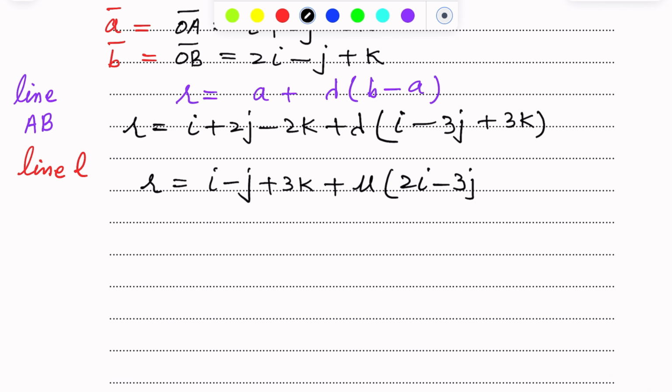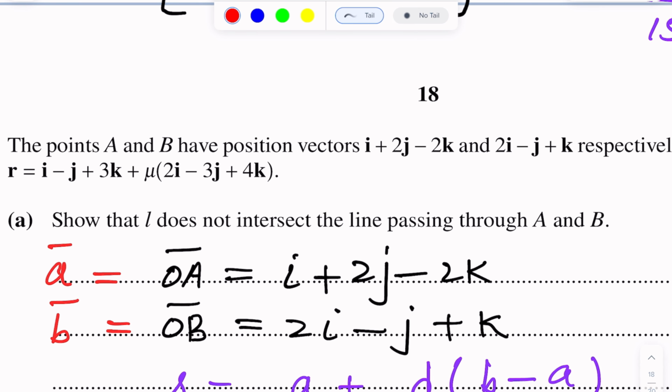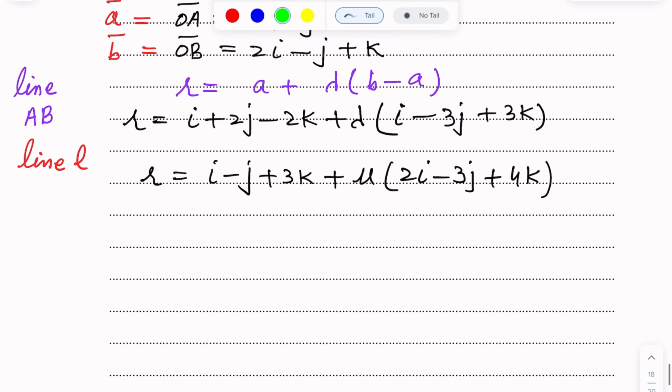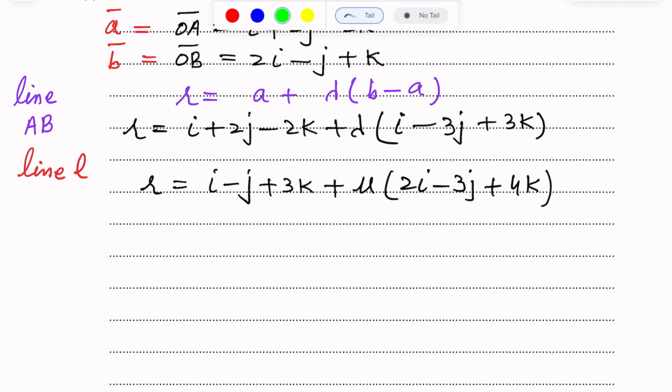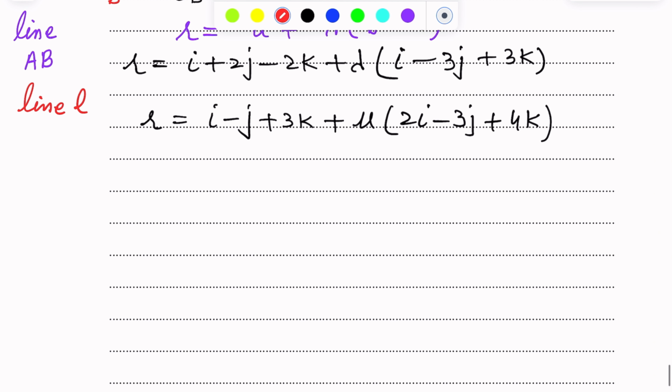We have to show that these lines, line L and line AB, do not intersect. So for this, first we will take the general points on both lines, general point on line L and line AB.